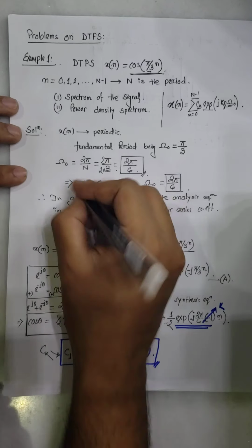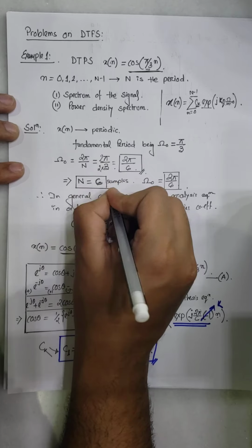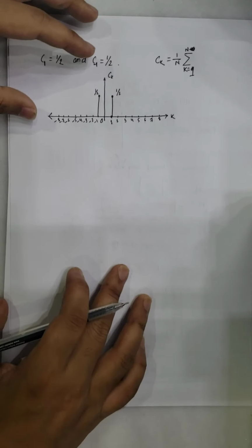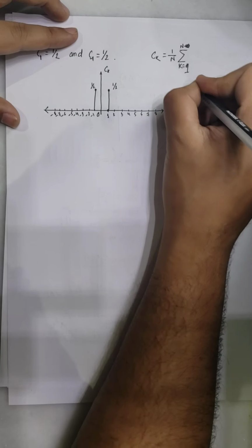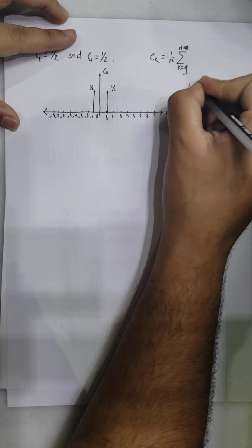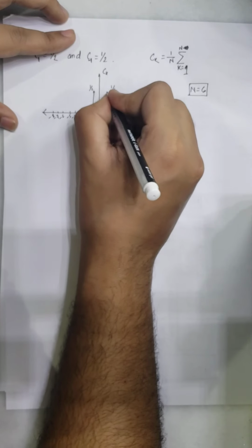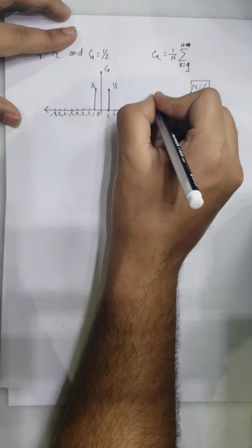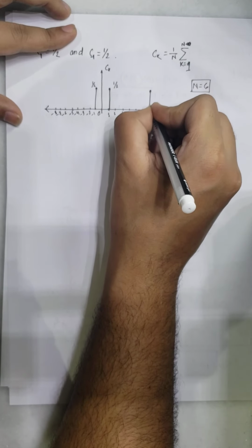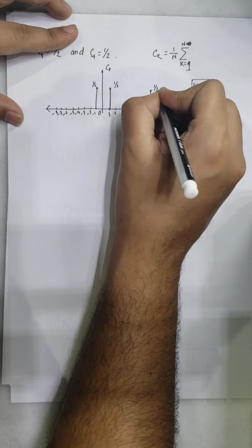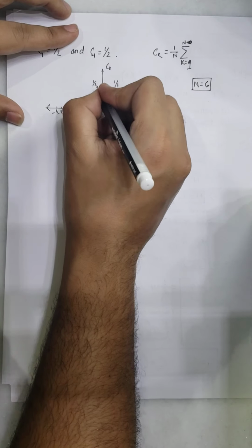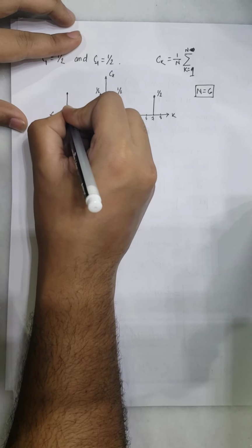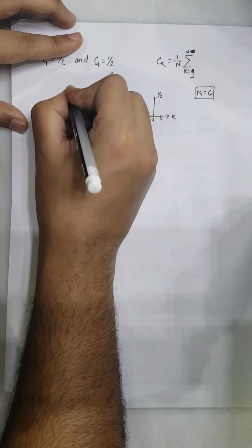Here we got the value of N to be equal to 6. So if we start from 1, after 6 values, in the 7th sample, the signal will repeat once again and this will become half, and consequently this side also the signal will repeat once again. This value becomes half.